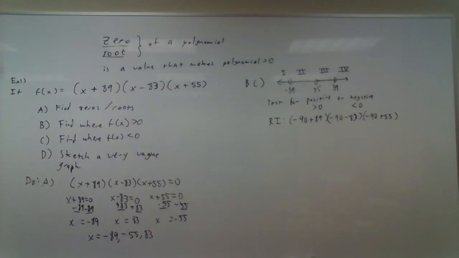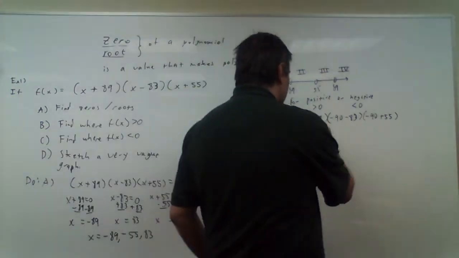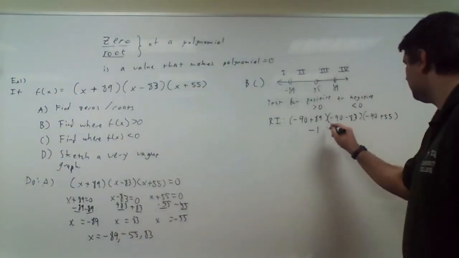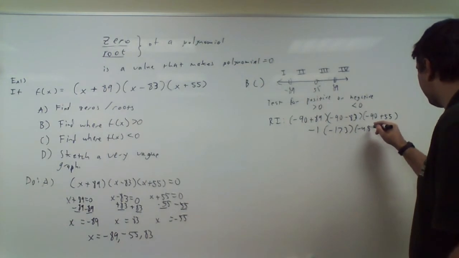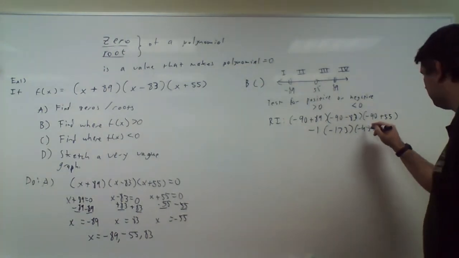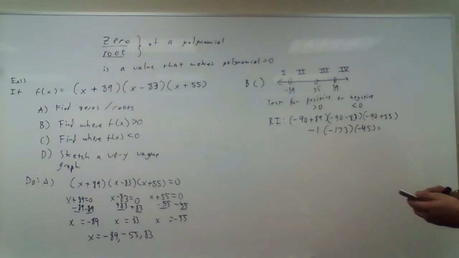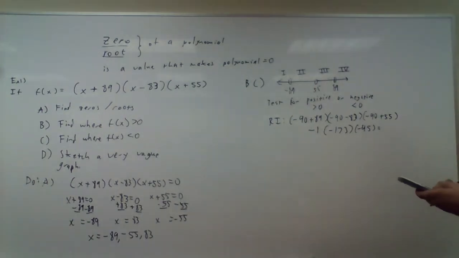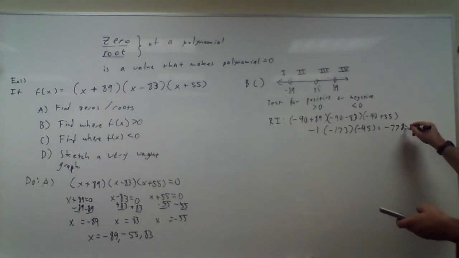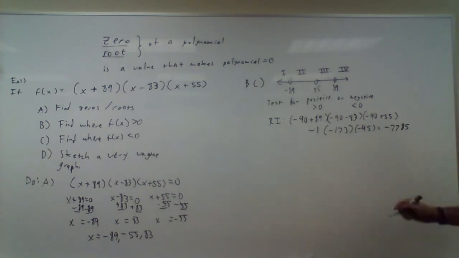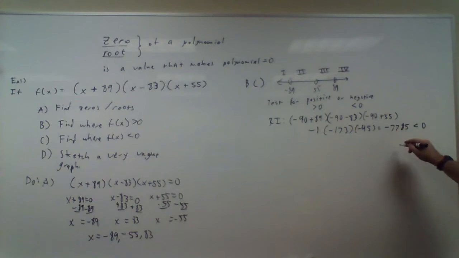Okay, I'm back. This is negative 1. This is negative 173. And this is negative 45. Okay? So negative 1 times negative 173 times negative 45 is negative 7785. Okay? Which is less than 0. So region 1 is less than 0.